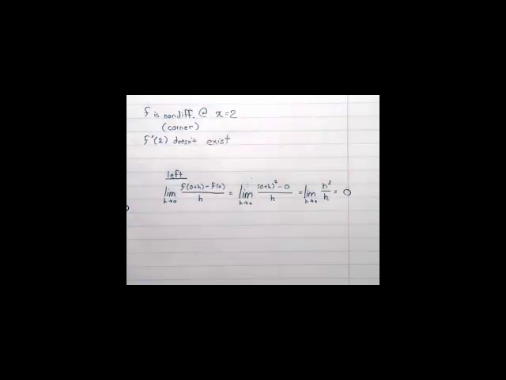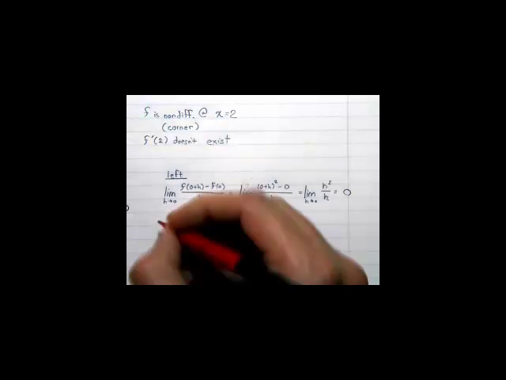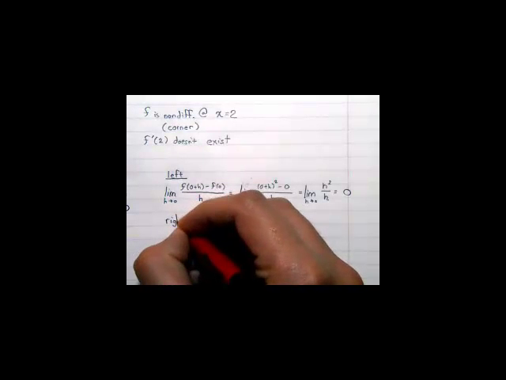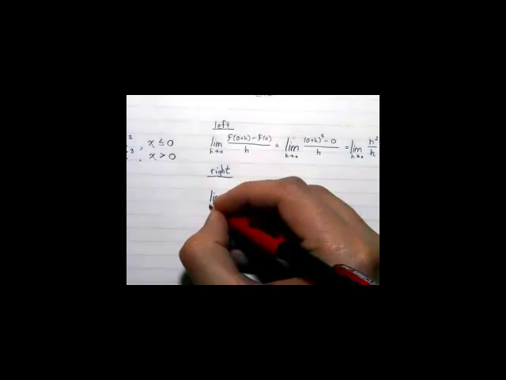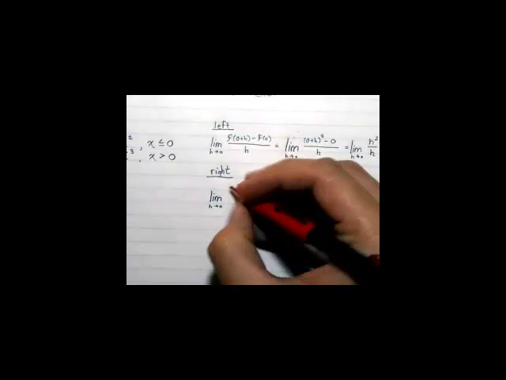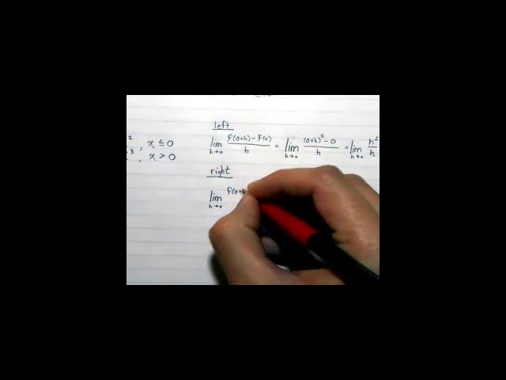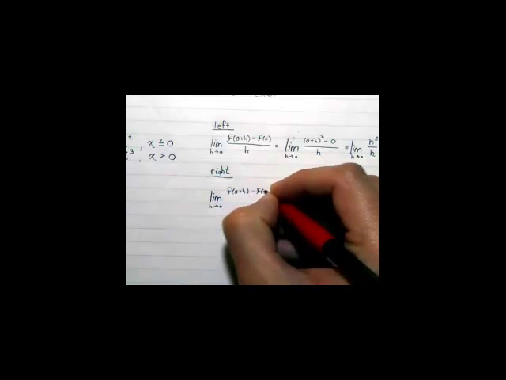Okay, so if this thing is differentiable at 0, we're really hoping that the right one comes out to 0 as well. So let's see what we get going from the right. So in this case, we would do the limit as h goes to 0, f of 0 plus h minus f of 0 over h.